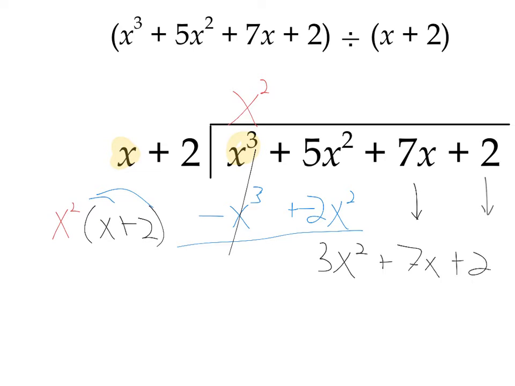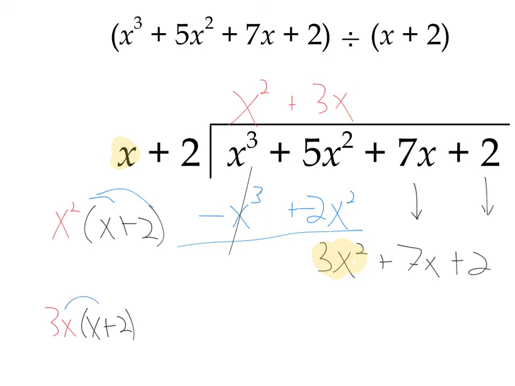Now we're going to do that same process again. We're looking at the first terms here. How do I get this x to become a 3x squared? How do I turn an x into a 3x squared? Well, to do that, I'd need to multiply it by 3x. Well, then I'll take that 3x, and I'll distribute that into my divisor of x plus 2.